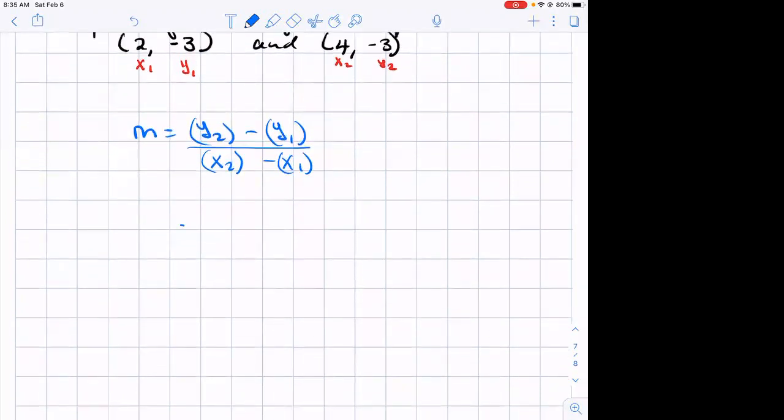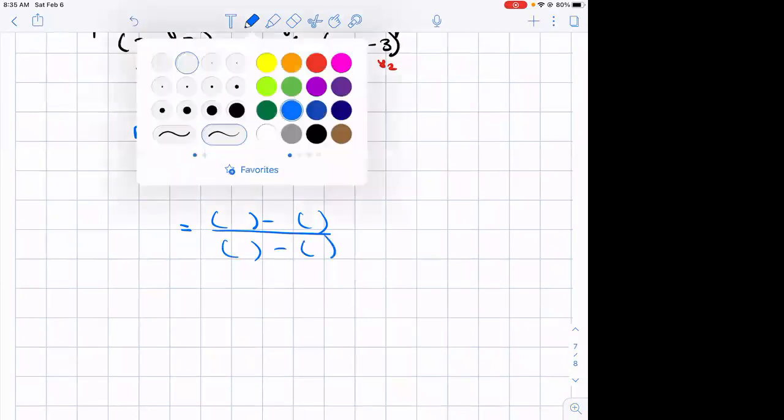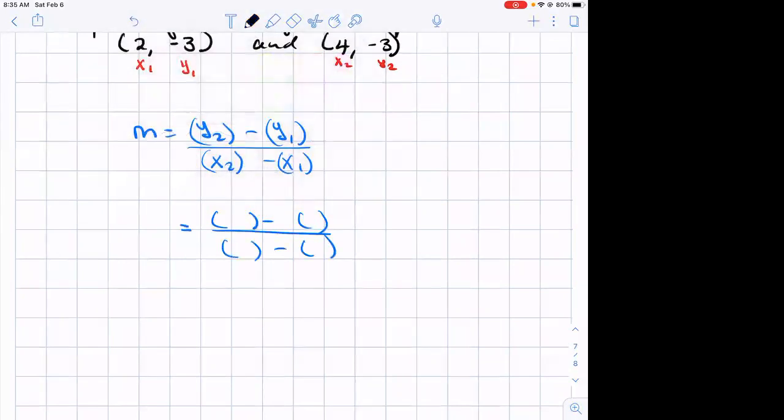And if I plug in those numbers associated with my x's and y's, so instead of y2, I'm going to write -3. Instead of y1, -3. Instead of x2, 4. And instead of x1, 2.